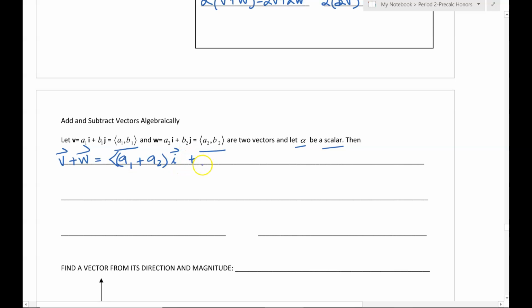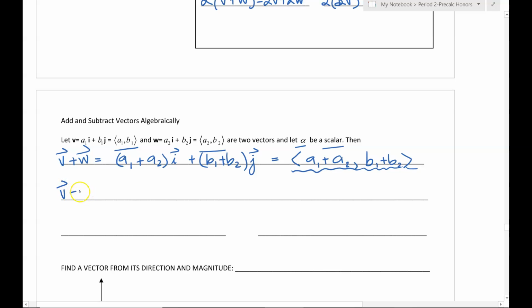Then we go b1 plus b2 for the j direction, where j is up and down. If we just want to know the length without direction, then we write a1 plus a2, comma, b1 plus b2. So when you see it written like this, that means without direction.